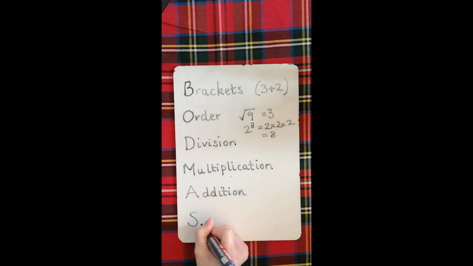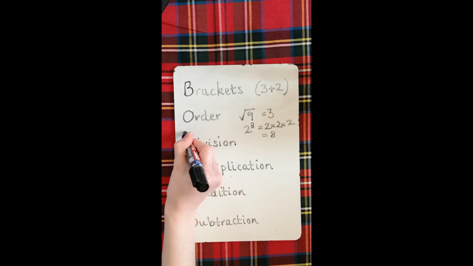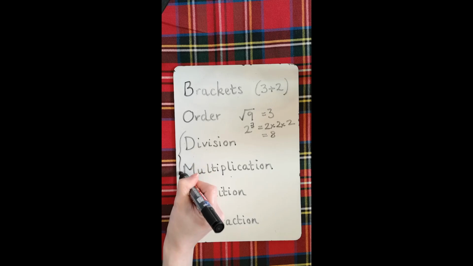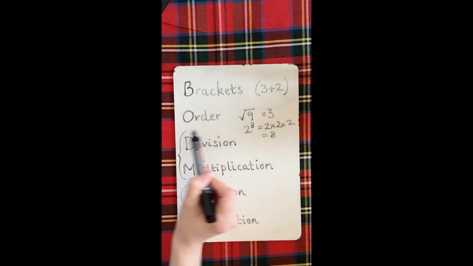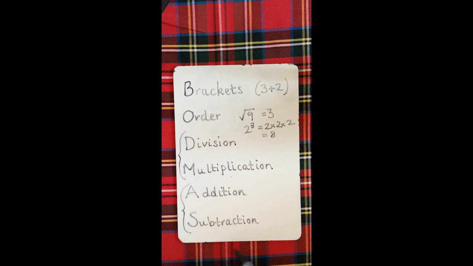And the S stands for subtraction. It's important to remember that our division and multiplication are equally as important as one another, and so are our addition and subtraction. So we always multiply and divide before we add and subtract.